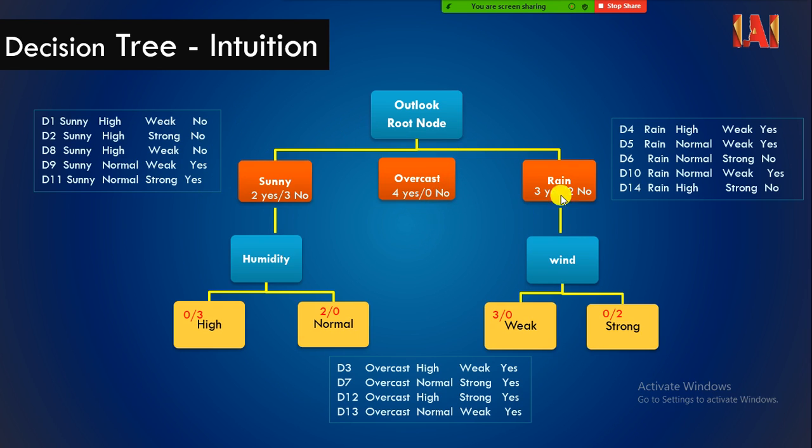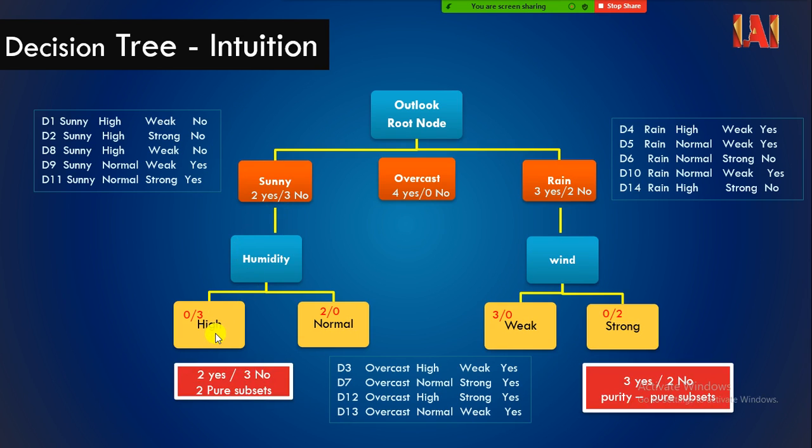Look at the Sunny and rain. These two nodes are not pure because they have a combination of both yes and no. Since they have the combination, these two nodes are impure nodes. The impure nodes will undergo further split.